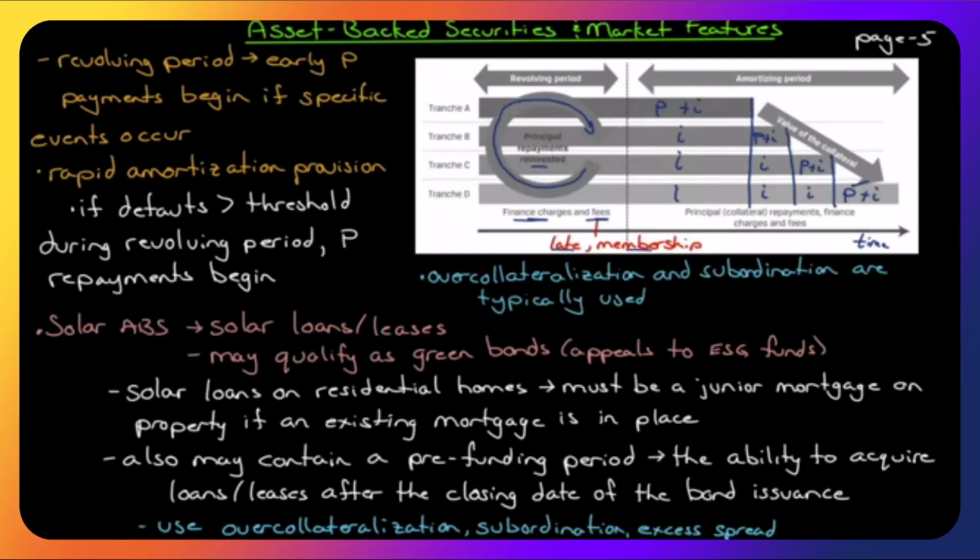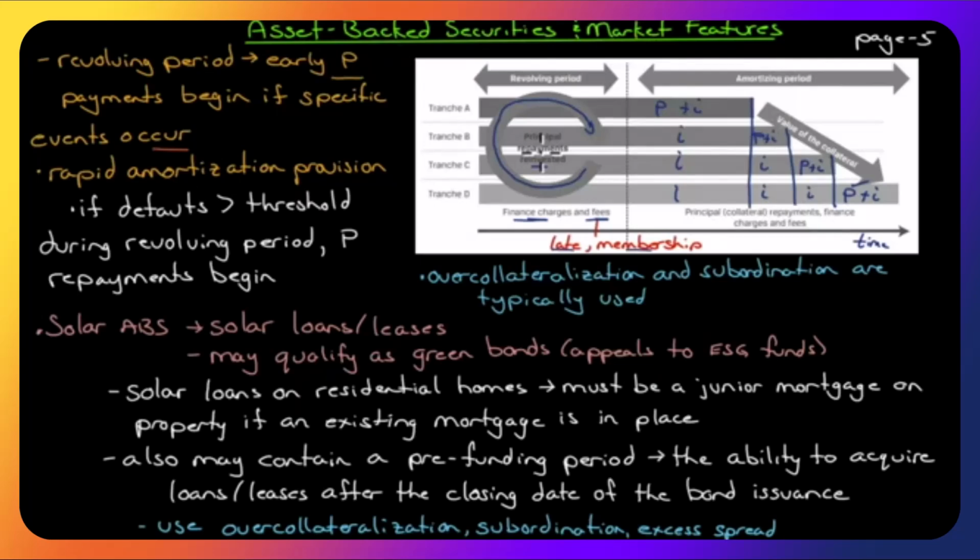During the revolving period, early principal payments can begin if specific events occur. We say that during this revolving period, all the principal is reinvested unless there's a problem. You're reinvesting the principal, but somebody comes to you and says, defaults are a lot higher than what we thought. Uh-oh, we got a problem in that pool. You know what? Let's shut it down.